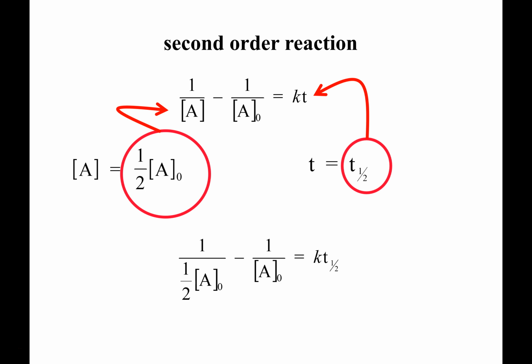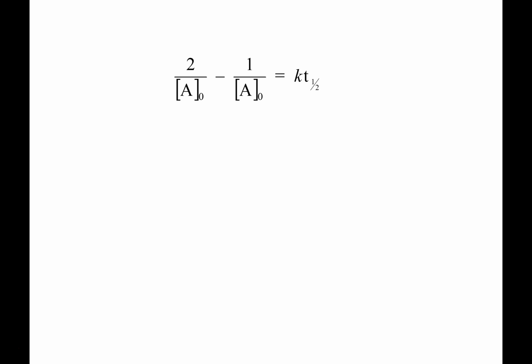So you have 2 over A0 minus 1 over A0, which is equal to what? 1 over A0, right? Okay. So that's 1 over A0 is equal to k t 1/2.